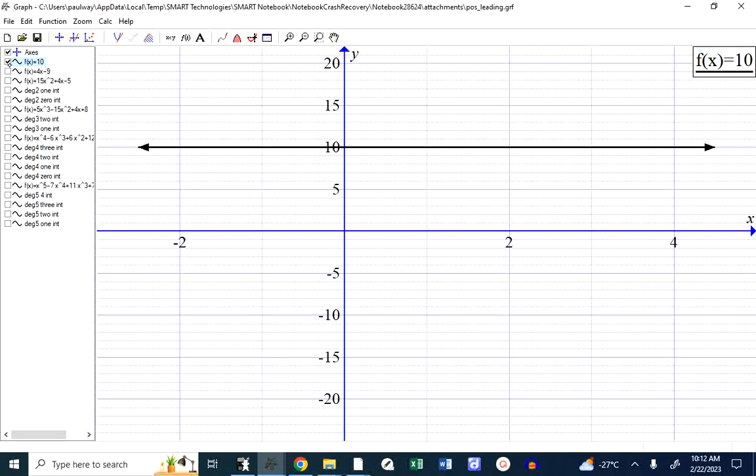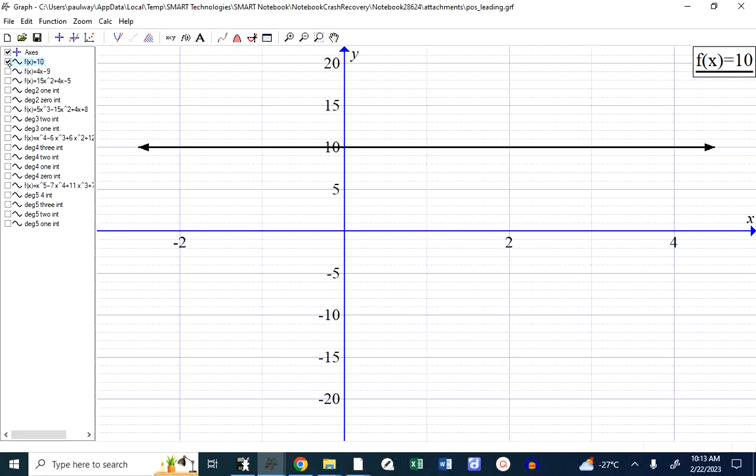Now, of all the rules we're going to learn, there is an exception to one of the rules. This is the rule. The x-intercepts is related to the degree. What's the degree of a constant polynomial function? 0. How many x-intercepts are there? 0. Okay? There's an exception to this rule for a constant function.